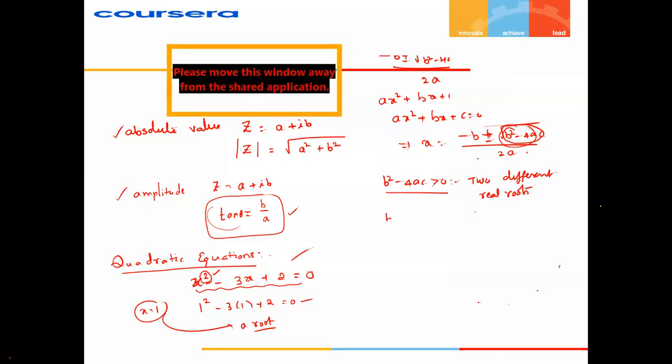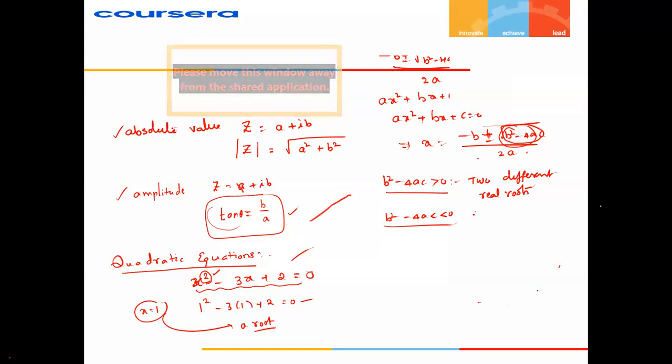Suppose it becomes less than 0, what happens? We have already seen, if there is a negative under the root, it becomes a complex number, right? For example, I'll take (-1 ± √-2) / 3, suppose.